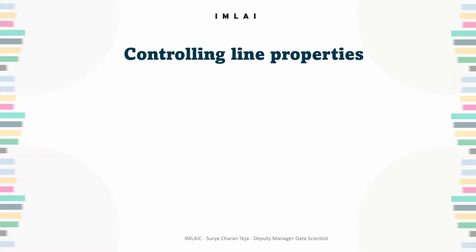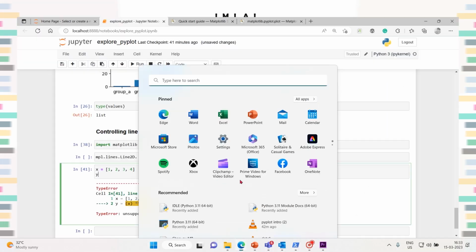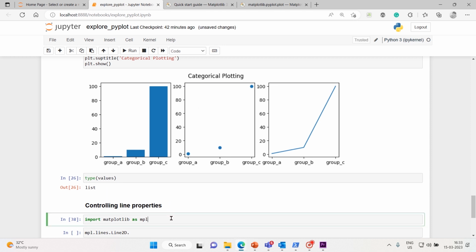Controlling line properties. Lines have many attributes that you can set: line width, dash style, anti-alias, etc. If you want to see those properties, I'll show you. I have imported matplotlib as mpl.